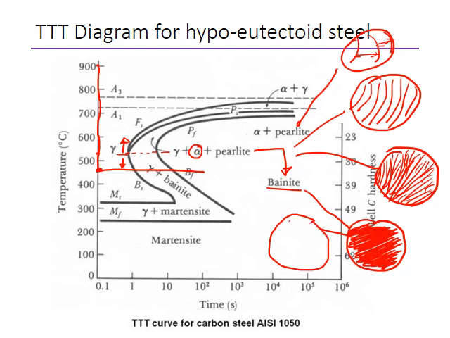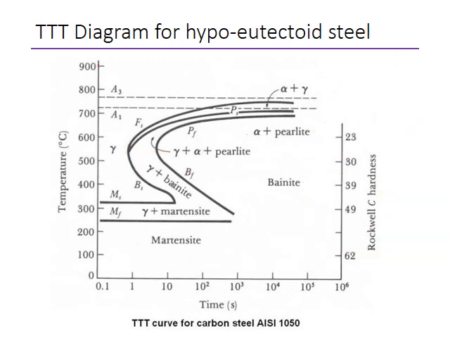Now, it will no longer be the nice lamellar structure, so it will be something like this. So it's very, very different. I'll try to find some microstructure for you to see really bainite.